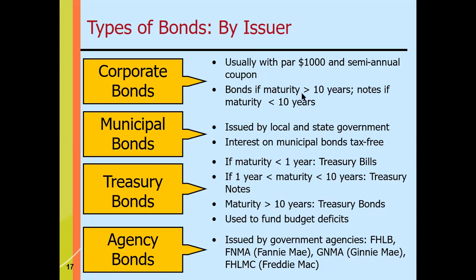They are called bonds if maturity is greater than 10 years, and we call them corporate notes if maturity is less than 10 years. So they have the same description as notes.